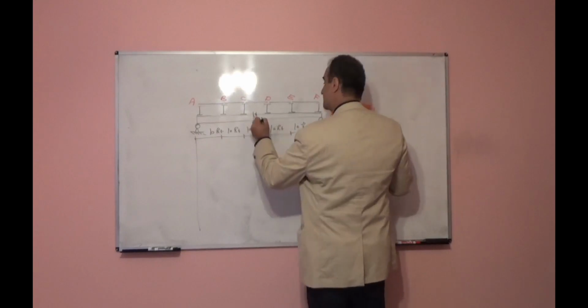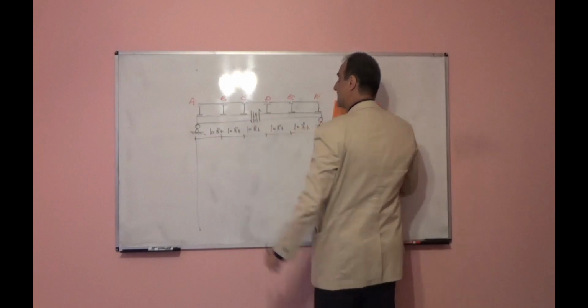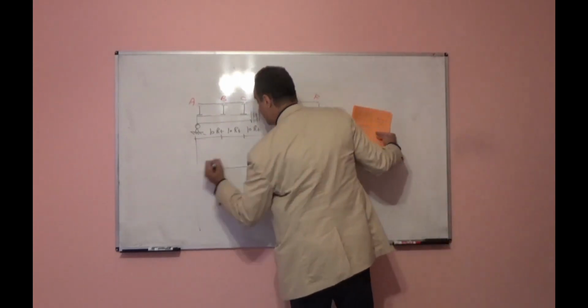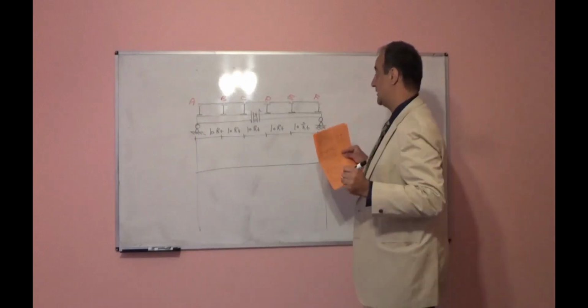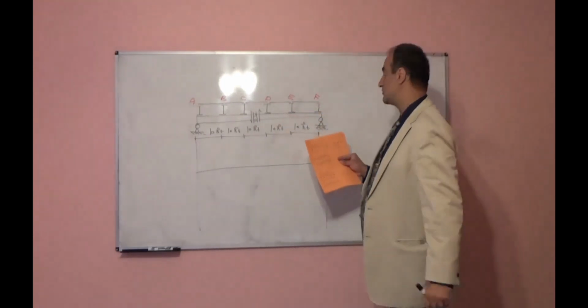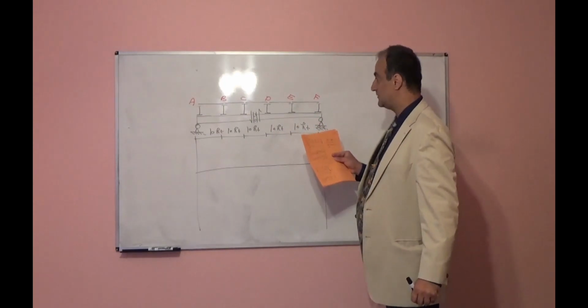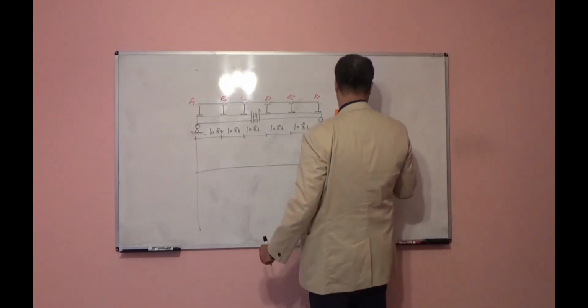Then we will move this side up, this side down. What we will have, the deformed shape of the structure according to the Muller-Breslau method, will be the influence line for this girder.